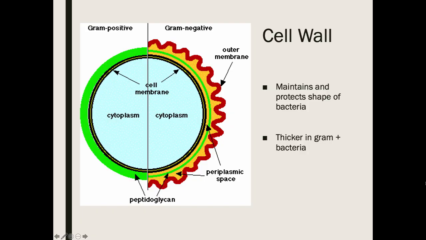On our gram-positive side, that cell wall is still there, but it's much thicker than the gram-negatives. So if we give an antibiotic that goes after the outer membrane, that's not going to do anything for a gram-positive bacterium. So we do have to pay attention to whether the bacterium we're going after is gram-positive or gram-negative.